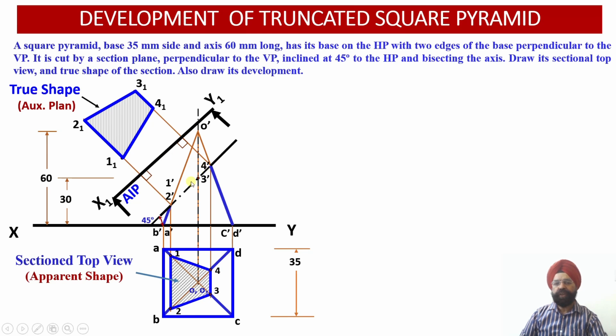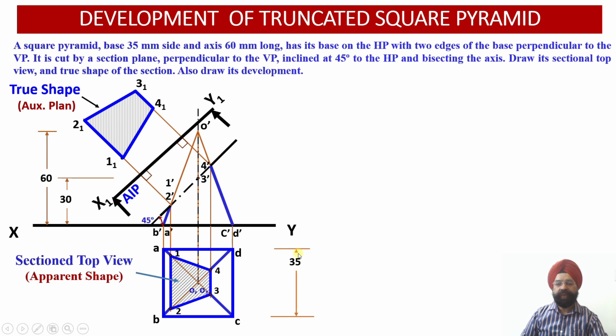So the true shape has been obtained. Now next, we are also required to draw the development of the truncated square pyramid. In order to draw the development, 2 things are required, that is the true length of the slant edge. You see, either this slant edge or this slant edge.